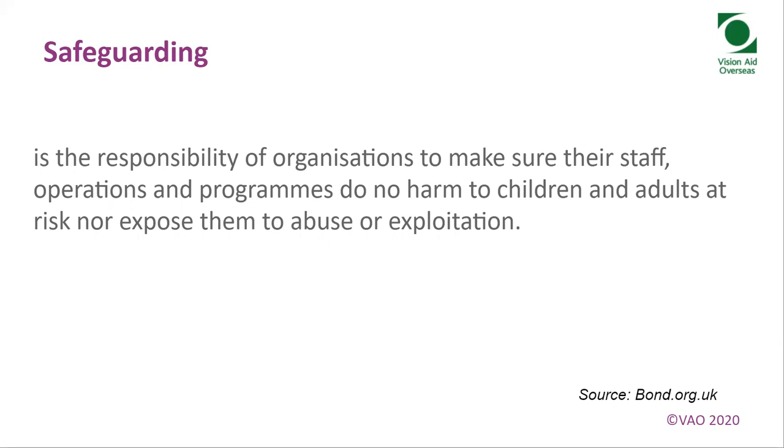Safeguarding is the responsibility of organisations to make sure their staff, operations, and programmes do no harm to children and adults at risk, nor expose them to abuse or exploitation. Although it is the responsibility of each individual to abide by safeguarding policies and principles.